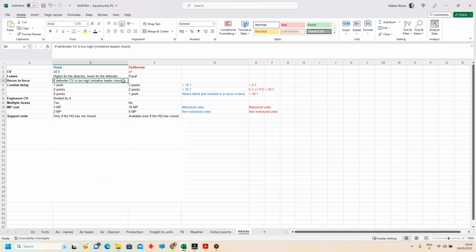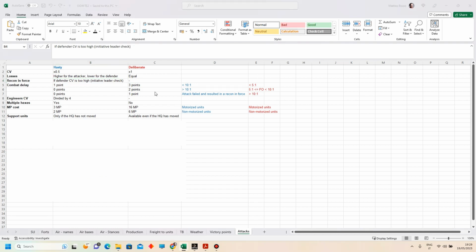If the combat value of the defender turns out to be too high, and if your leader has a good initiative skill, then your general recalls your attacking troops to prevent useless losses. The outcome of this battle is also known as recon in force.